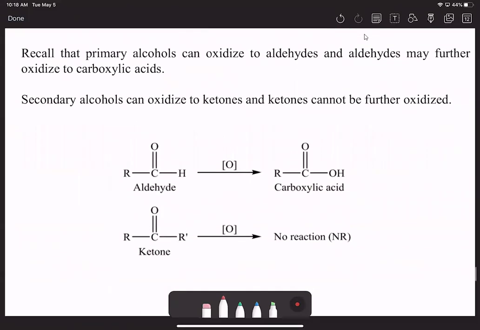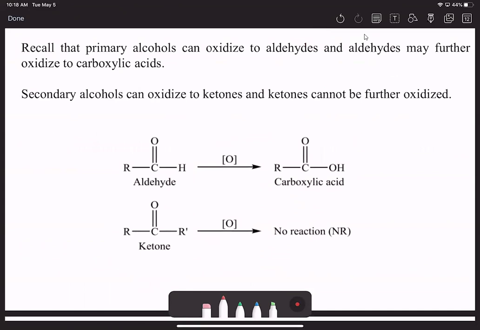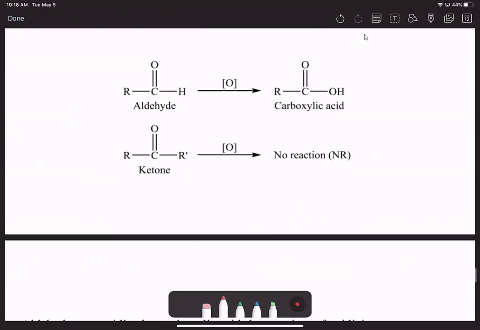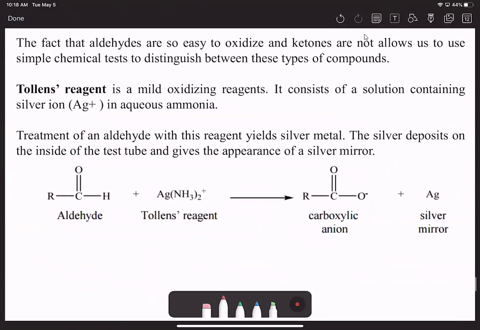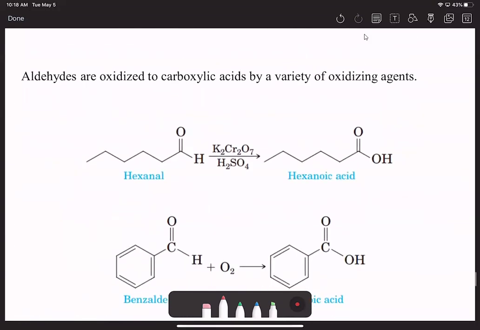Oh, and that brings us to these last 2 reactions here. So we have 2 reagents that we're going to talk about. We're going to talk about what we call Tollens reagent and Benedict's reagent. So Tollens reagent is an oxidizing reagent. We talked about oxidizing reagents before.